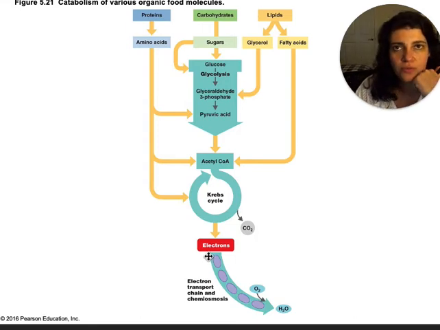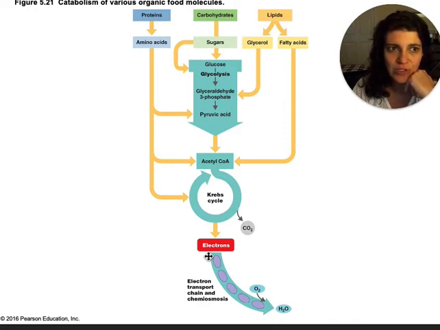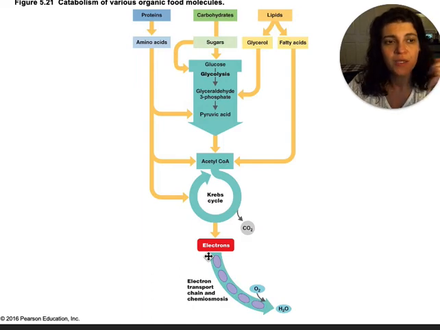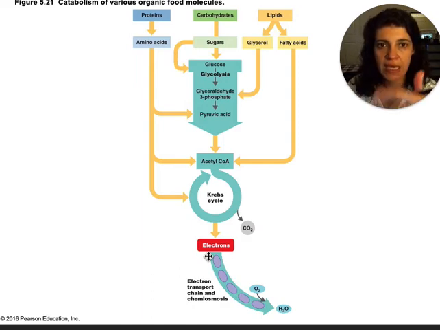You know that Atkins diet where people don't eat any starch and any sugar and all they eat is protein and lipid? How do they get energy? Through this process. So not having sugar is still okay, I guess, for some time, for you to survive and have your metabolism and your ATP production kicking in.